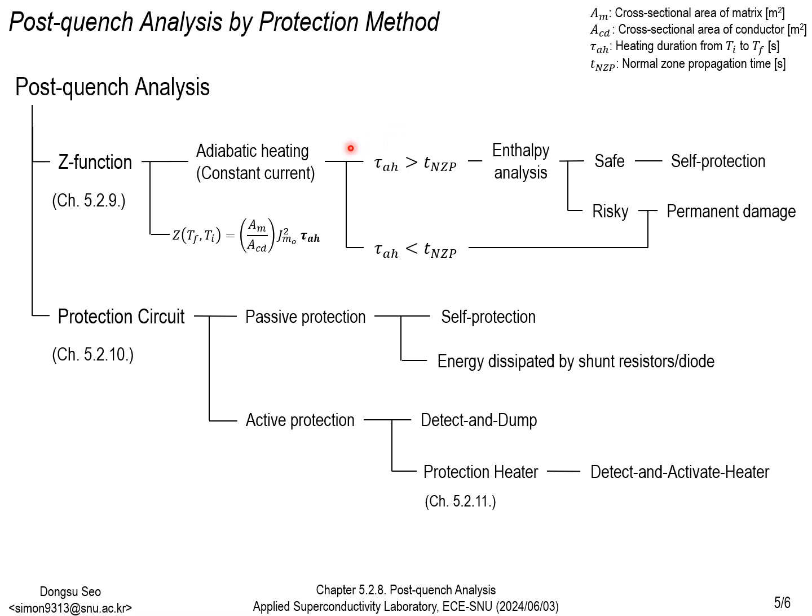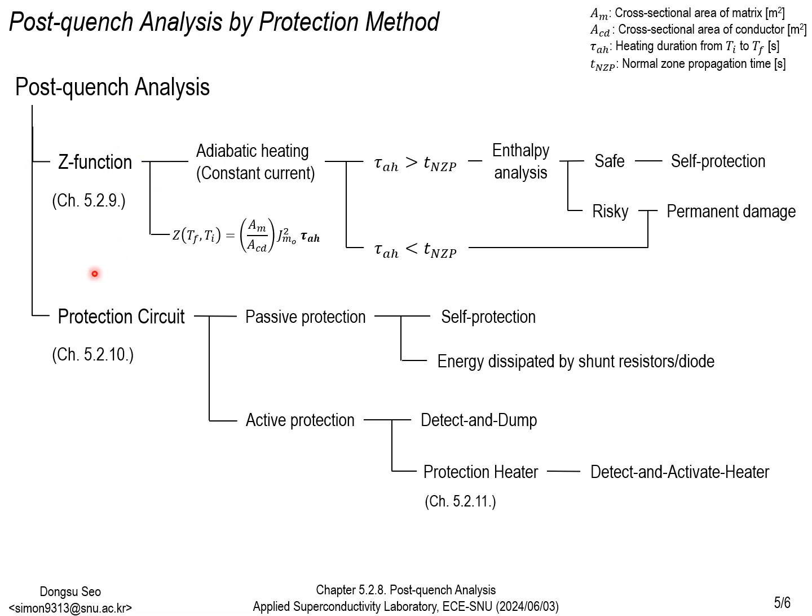As the heating duration is more than NZP time and through the enthalpy analysis, if the result from the enthalpy analysis is in the safe range, then the magnet is self-protecting. If the result is risky, the magnet is permanently damaged, which needs more protection. The magnet is also in permanent damage when the heating duration is less than NZP time. The concept of the enthalpy analysis may be briefly introduced in the Z-function lecture.